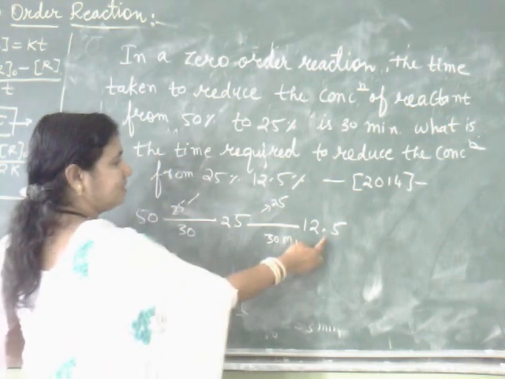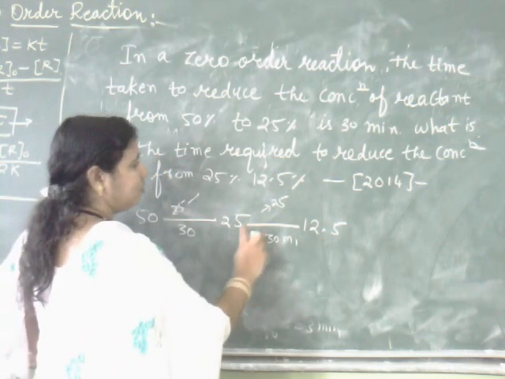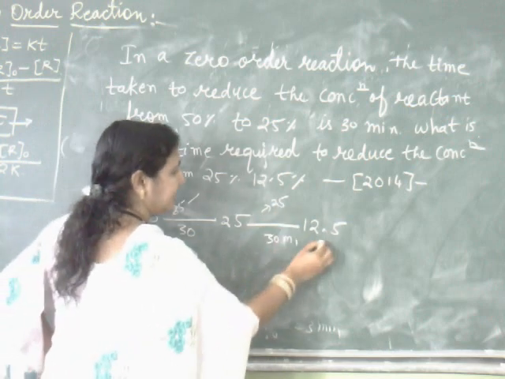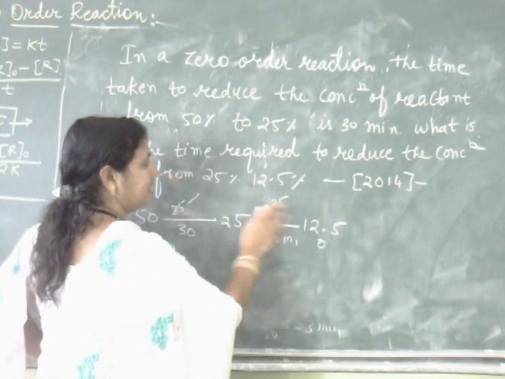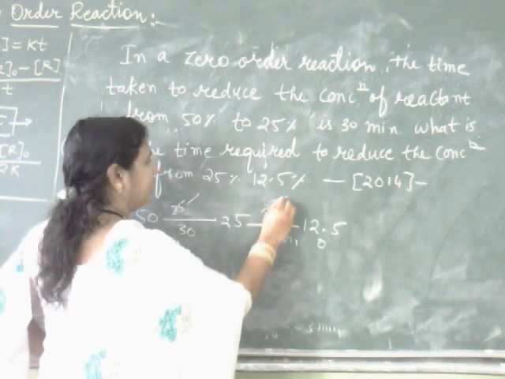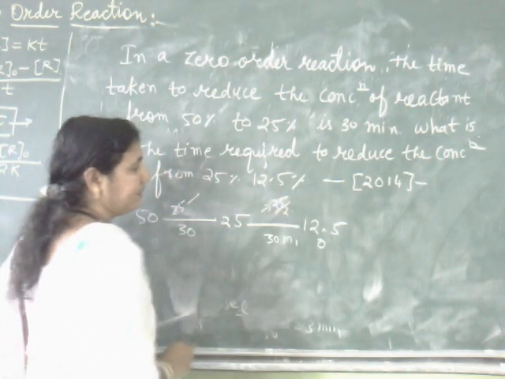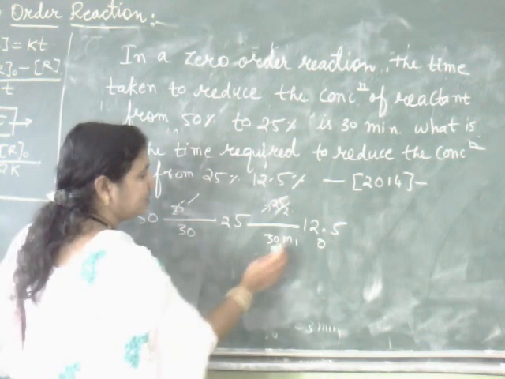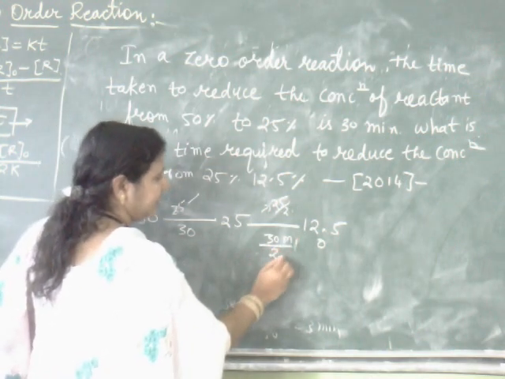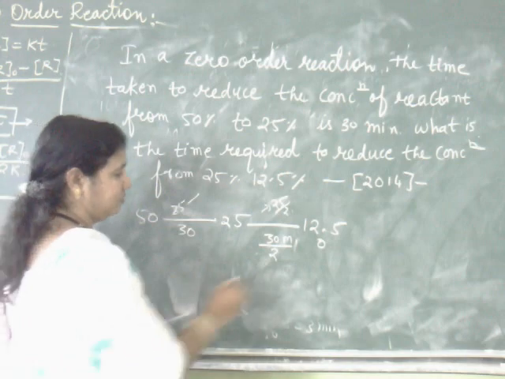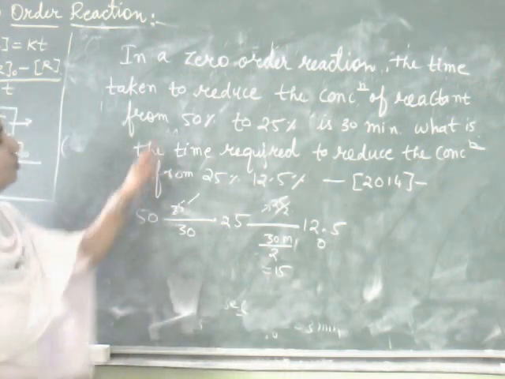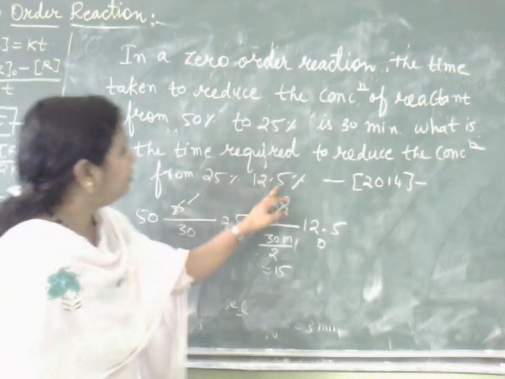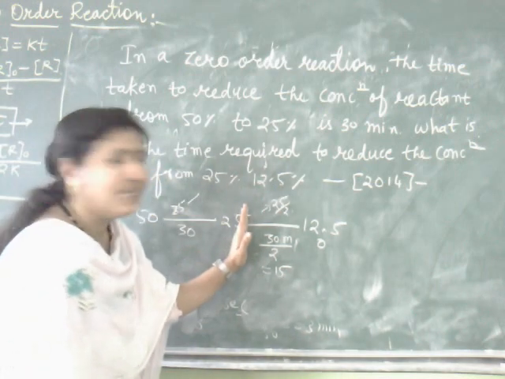But it has dropped only 12.5, which means 25 by 2. So only half has dropped, so this time also we can divide by 2. What do we get here? 15. So to drop from 25 to 12.5, this much time only they have asked.